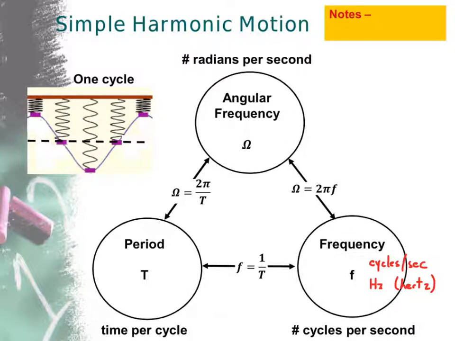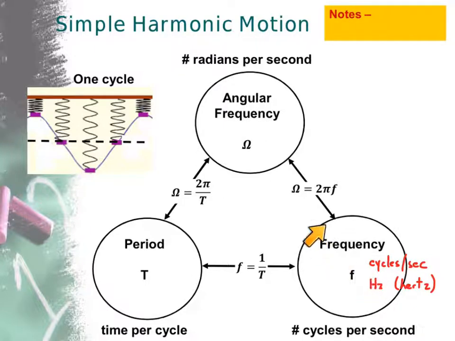And then there's also a relationship between frequency and angular frequency. Now, this is the relationship right here, but if you forget it, just remember that here you have cycles per second, and there are 2 pi radians in a cycle.